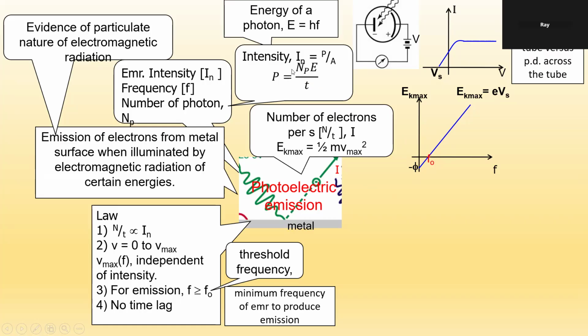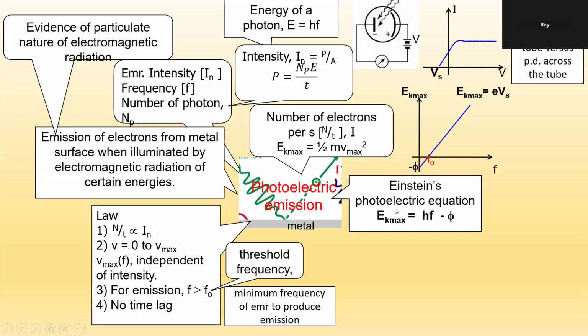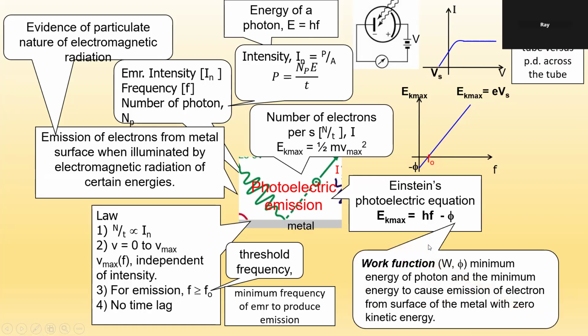We modify the power to NE over T. E is given by hf. And Einstein's photoelectric equation. Work function is the minimum energy of a photon that causes emission of an electron from the surface of metal with zero kinetic energy.